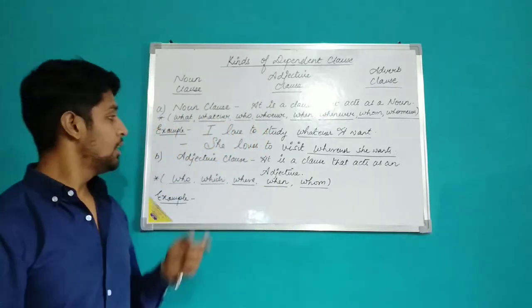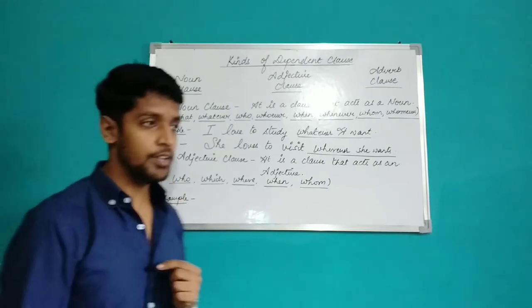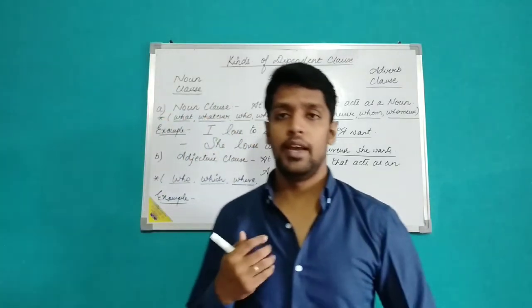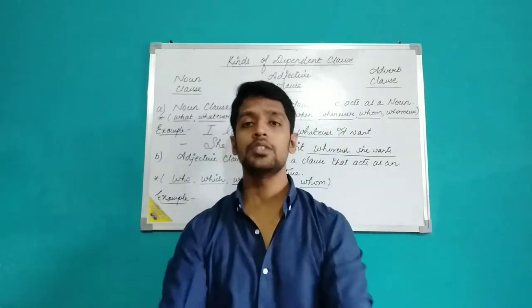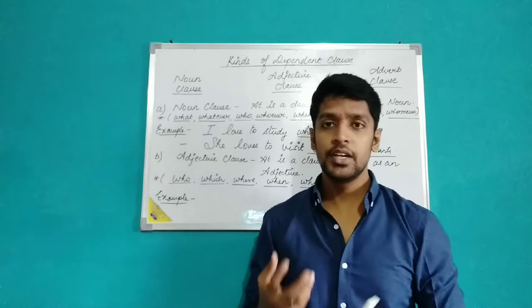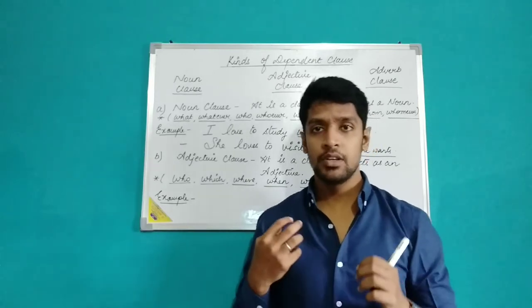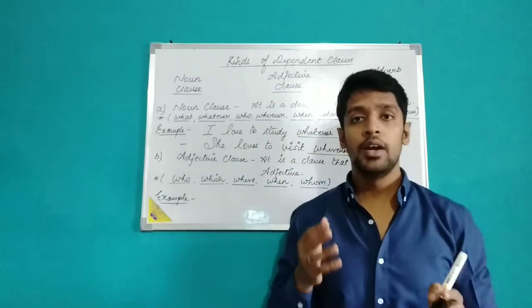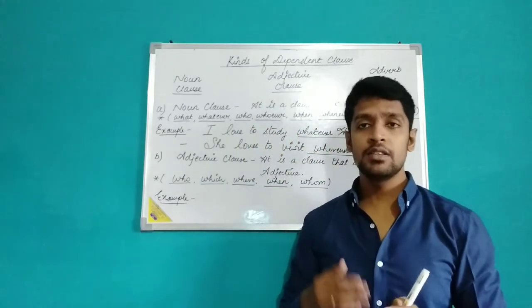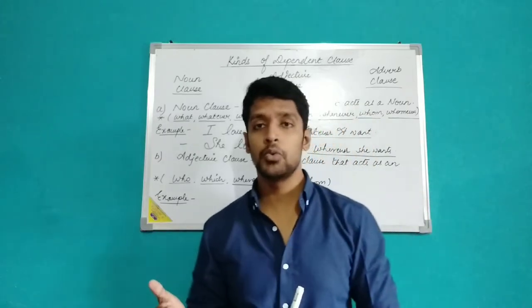Let's move further. Let's talk about the second one, adjective clause. Before the explanation of adjective clause, we need to understand what an adjective is. An adjective is used to describe the quality of a noun, or it modifies or adds some additional information about the noun.